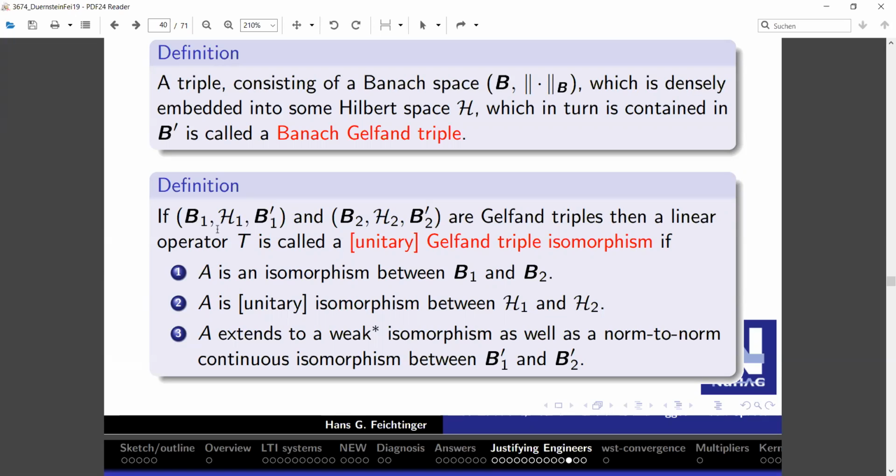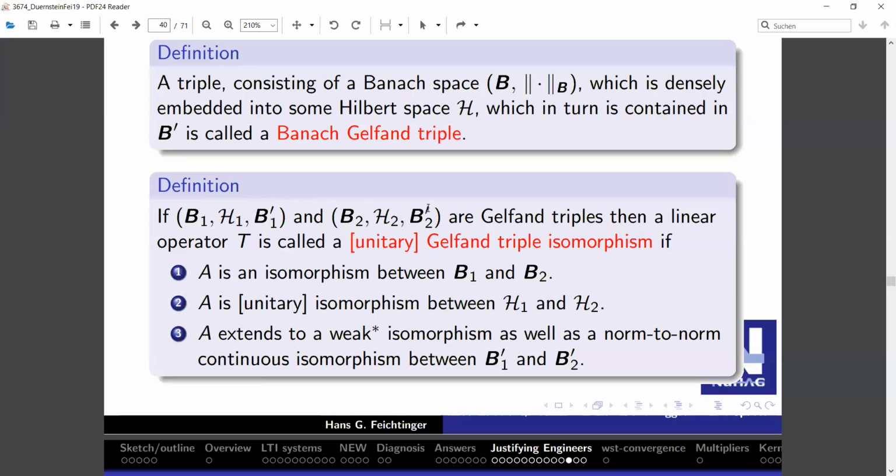So in a way, a triple of Sobolev spaces is a Banach-Gelfand triple in my sense. It would be even a Hilbert-Gelfand triple, but I'm not using it. For me, the important thing is you don't have to use something like a Schwartz space with a complicated topology. Even a Banach space can be extremely useful.